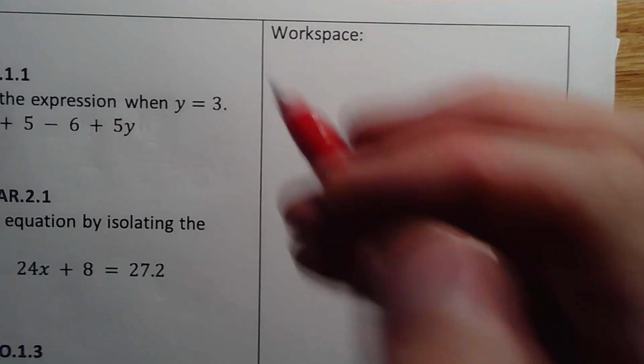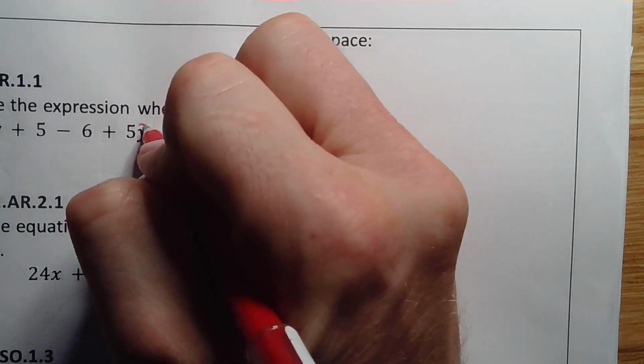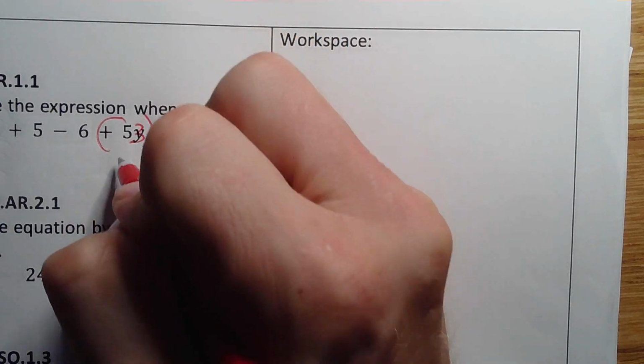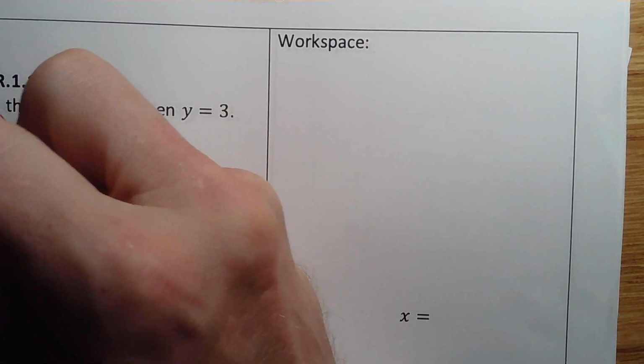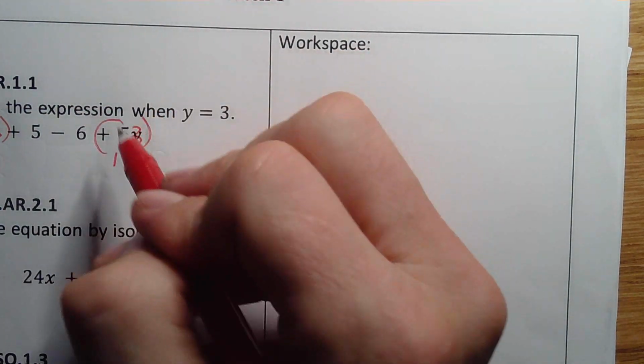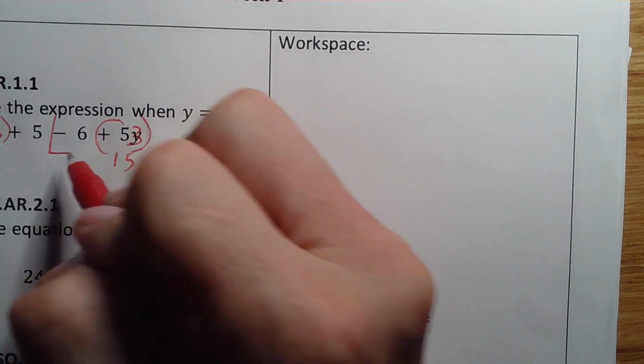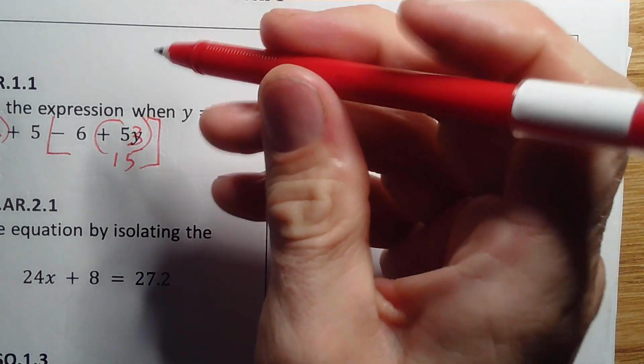All right, so we're going to use y equals 3 here. So this turns that into 3, making this 15. This turns this into 3, making this negative 12. All right, so now let's do those two together.